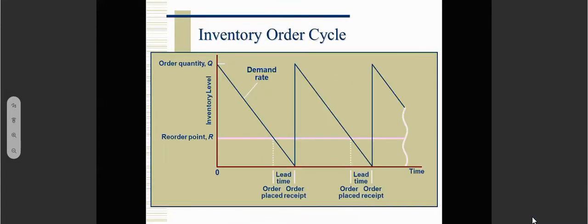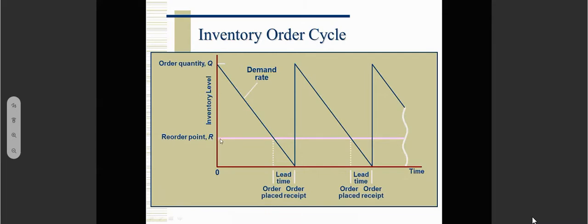So this is the inventory order cycle. We have the order quantity Q here, which shows the maximum level of inventory, while R here represents the reorder point level.